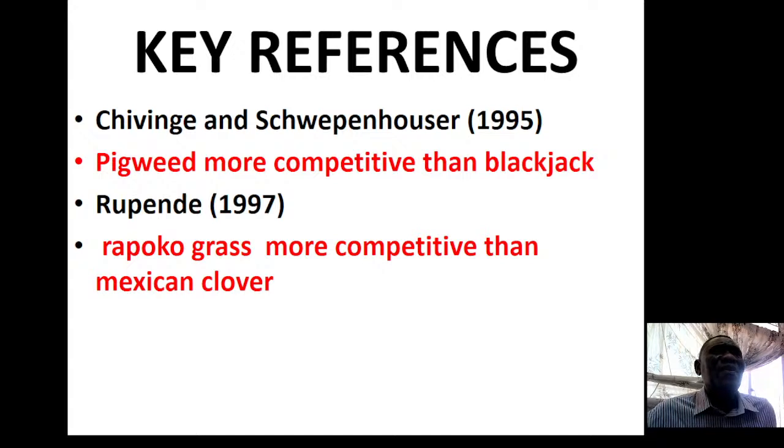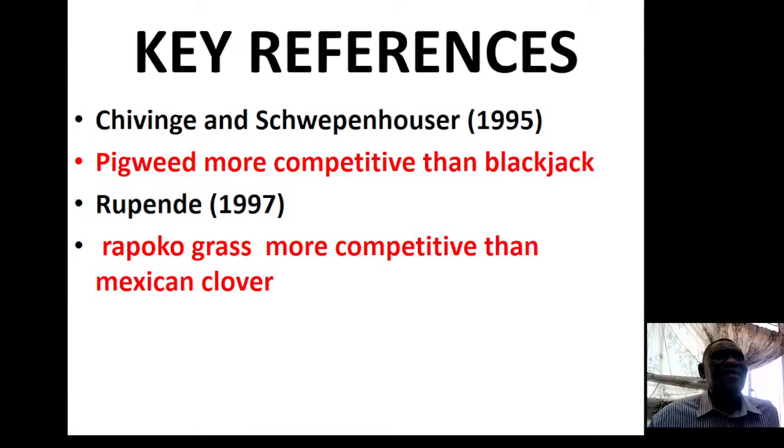There's also a paper by Chivinge and Schwepenhauser who were working on pig wheat, which they found to be more competitive than blackjack. In fact, Chivinge did his PhD on this issue, being supervised by Professor Schwepenhauser.